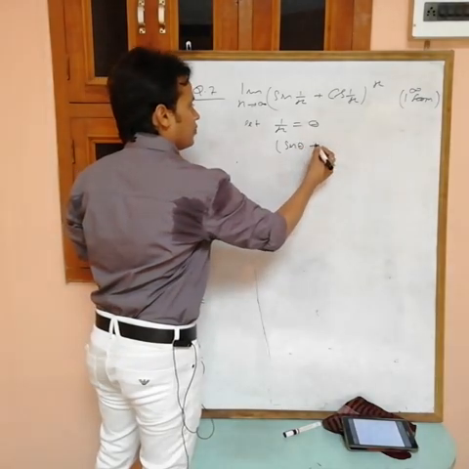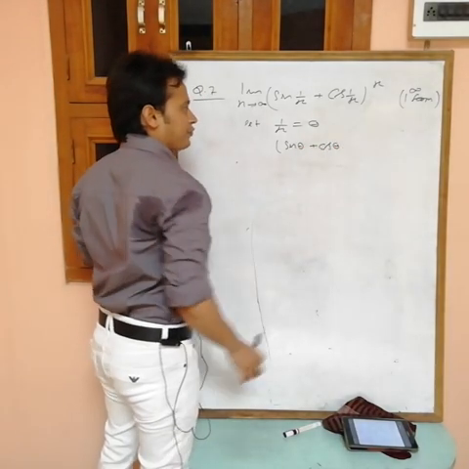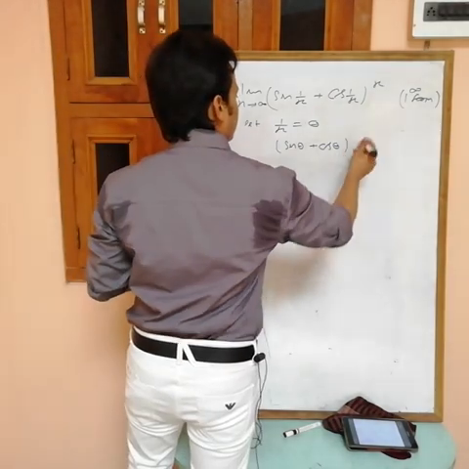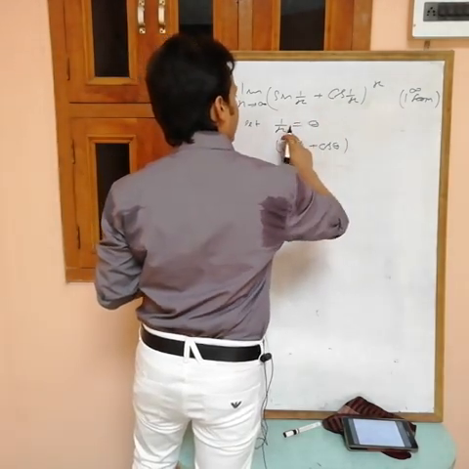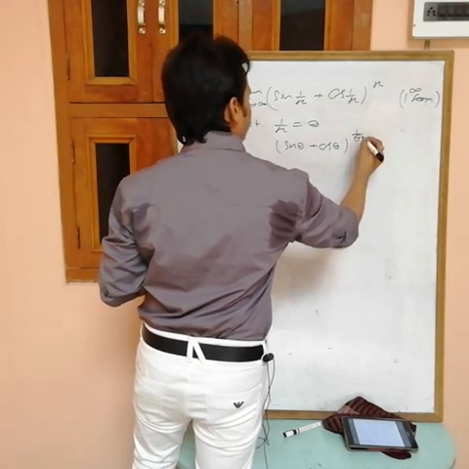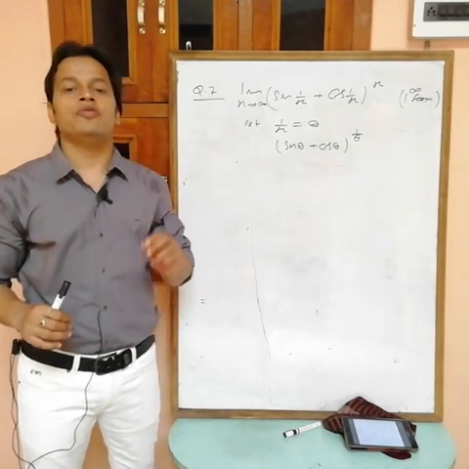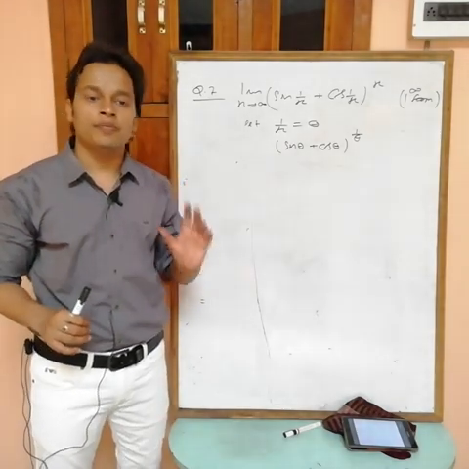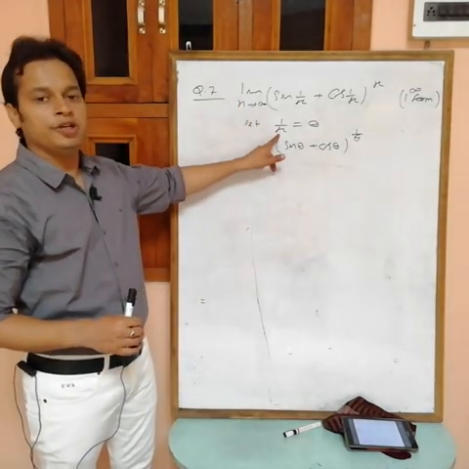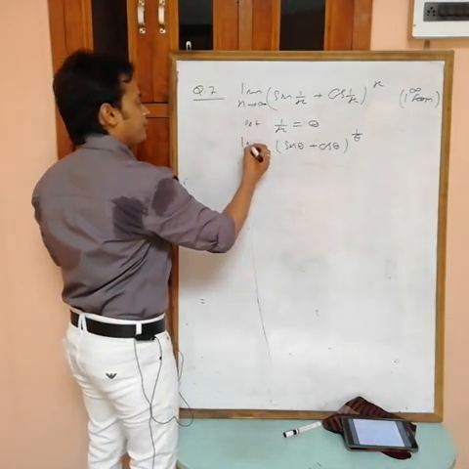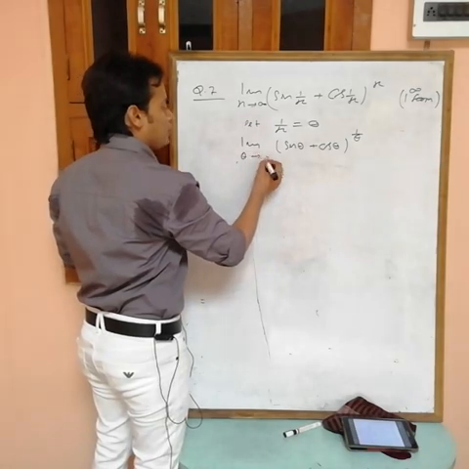Sine theta plus cos theta, and now theta is not in the denominator. Then 1 by x as theta means x is equal to 1 by theta. Now if you write the question in terms of theta, you also want the limit in terms of theta. Put x equals to infinity, 1 by infinity is 0, so limit theta tending to 0.